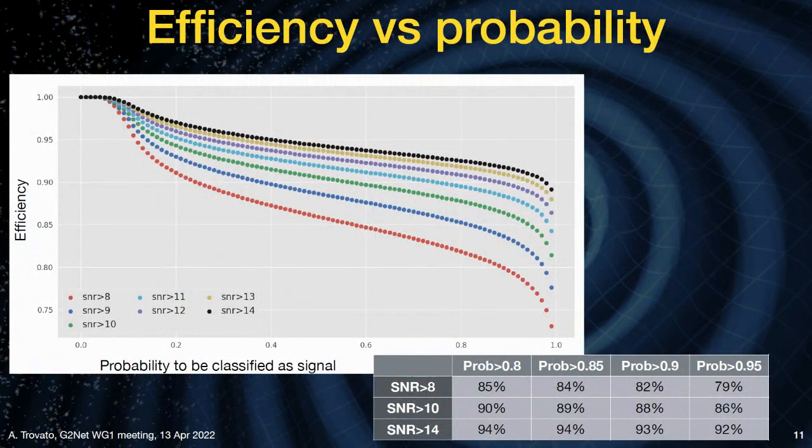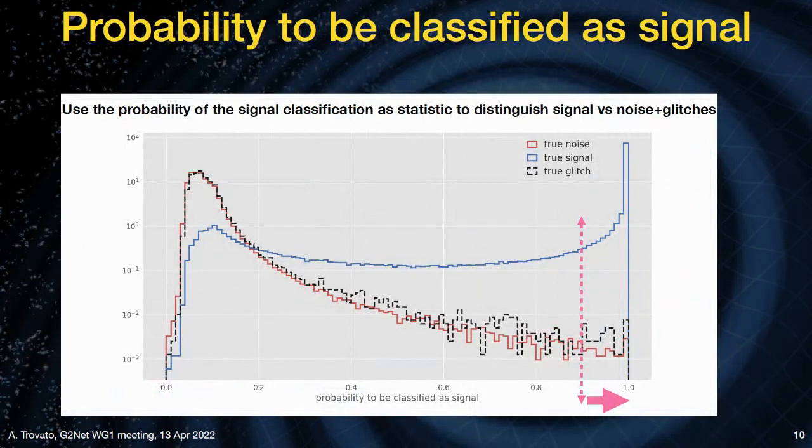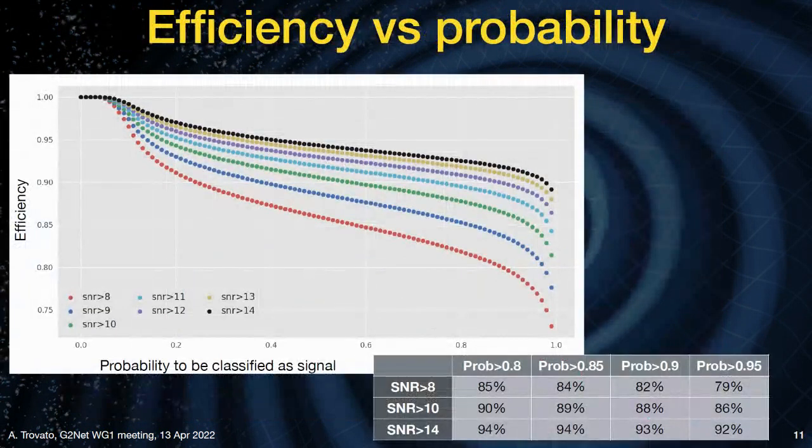So this is a typical plot of the efficiency as a function of this probability. This is the same probability here, and this is the efficiency. The colors refer to different thresholds in SNR. As you can expect, when you put a lower threshold in SNR, these basically are all data.